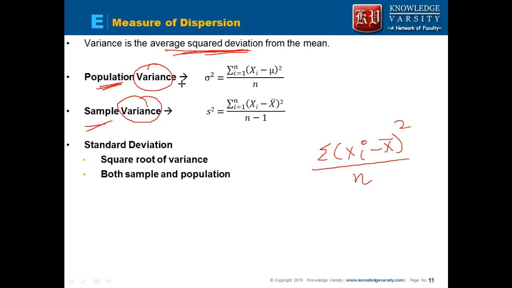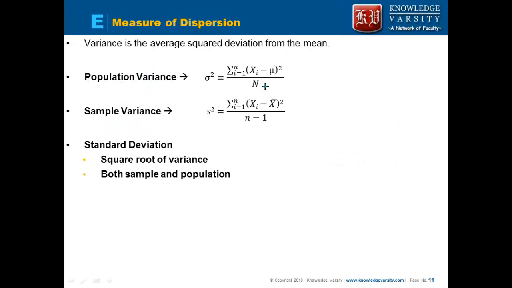Note that the population variance formula is different from your sample variance formula. In the population variance, we divide by n, and mu is your population mean. Remember I said that n is big and you should use it for the population. So it is xi minus mu whole square divided by n, where n is the number of terms. Whereas in a sample variance, you don't divide by n, you divide by n minus 1.